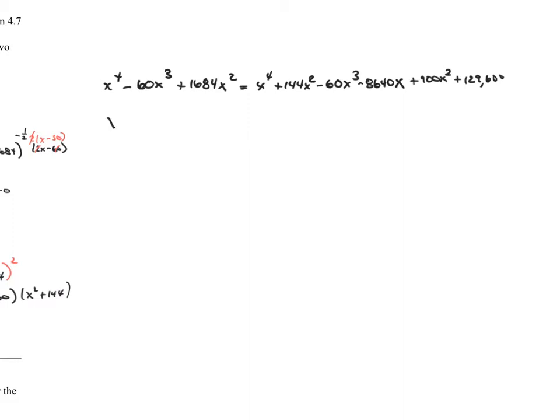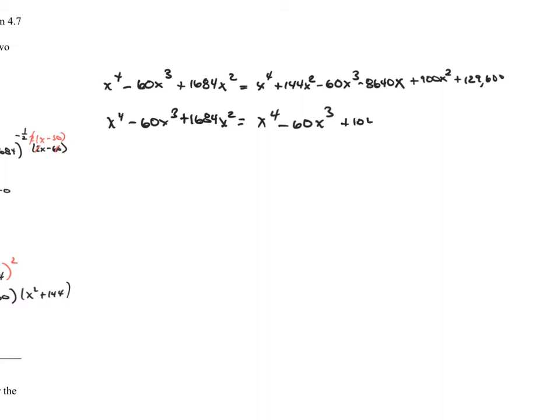Okay, so simplifying, I have x to the fourth minus 60x cubed plus 1684x squared. On the right-hand side, I have 1x to the fourth. I had minus 60x cubed. So for the coefficients on x squared, I had 144 plus the 900. 144 plus 900 is 1044x squared.